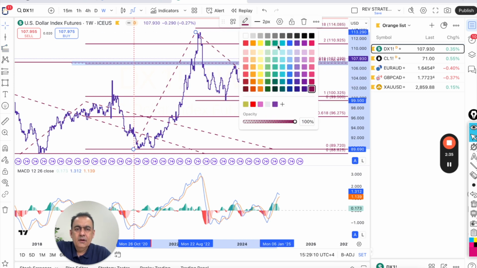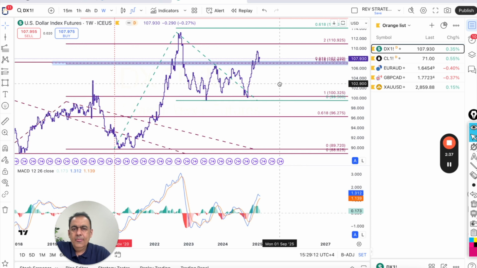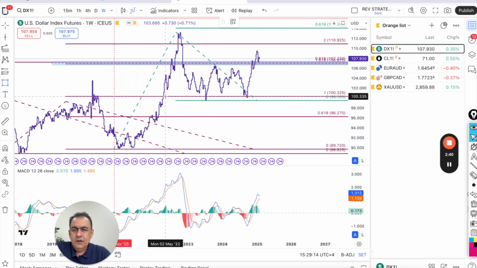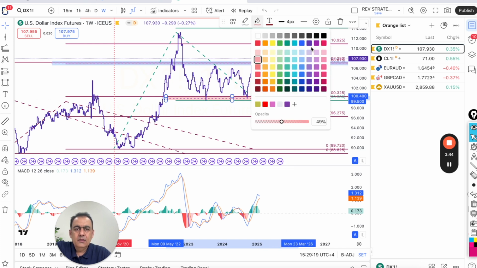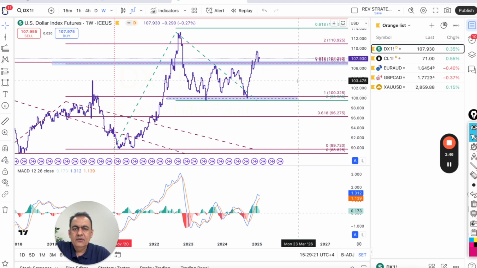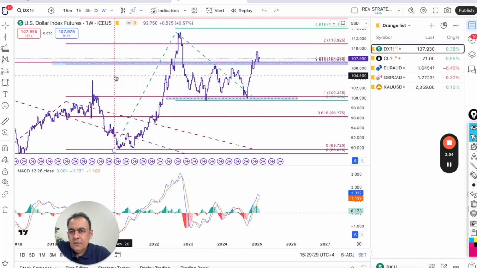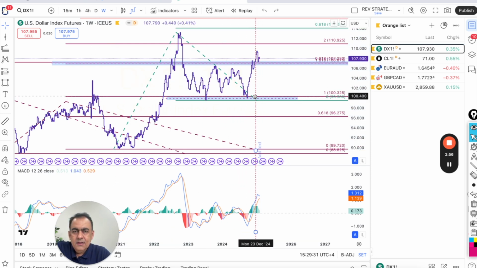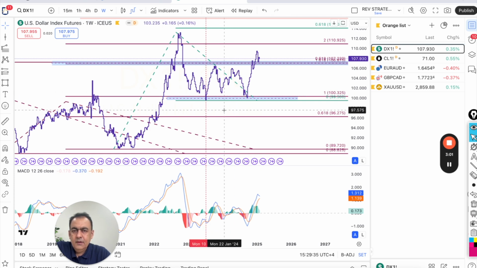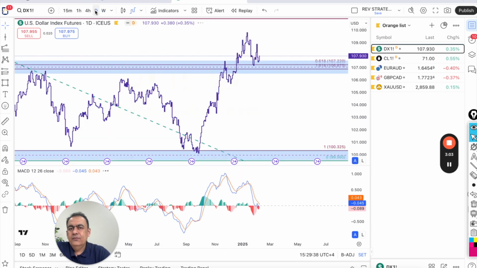Let's change the color here of the weekly Fib extension, and I got another support area here. Two Fib lines coming closer, so it turns into support. That's it, and we need to shift the vertical line to the latest point here.